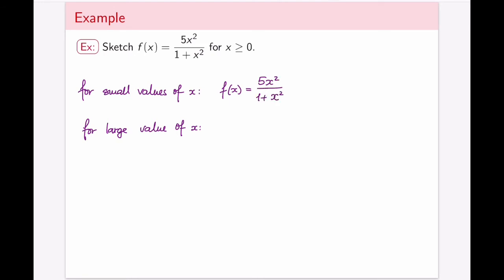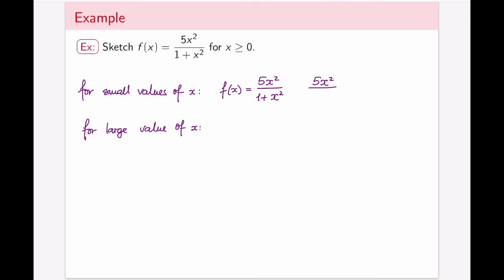And now let's think about what happens for small values of x. Now on top I only have one term, so there's nothing I can do here. I am stuck with this term on the top, no matter what x is. But on the bottom, I have two terms, 1 and x squared.